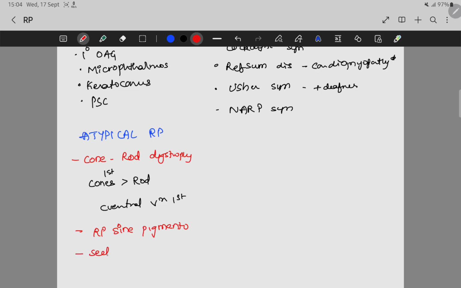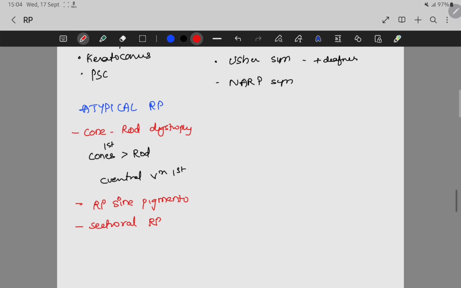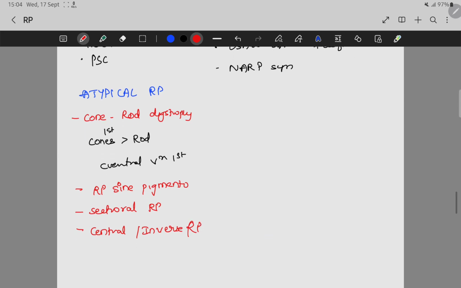Then sectoral RP, in which only one sector is affected. Then we have central or inverse RP, in which pigmentary changes first affect the macula.